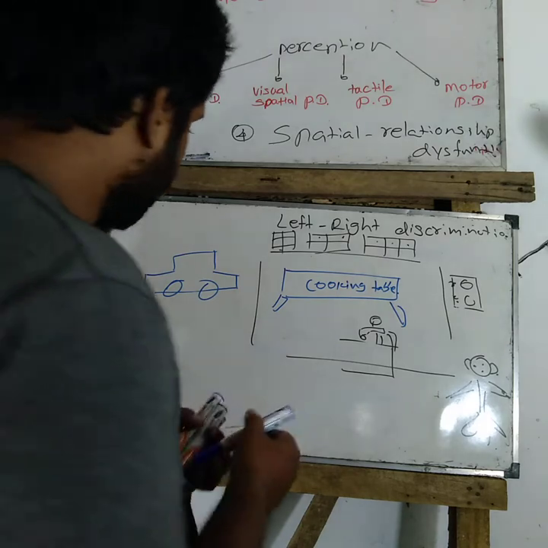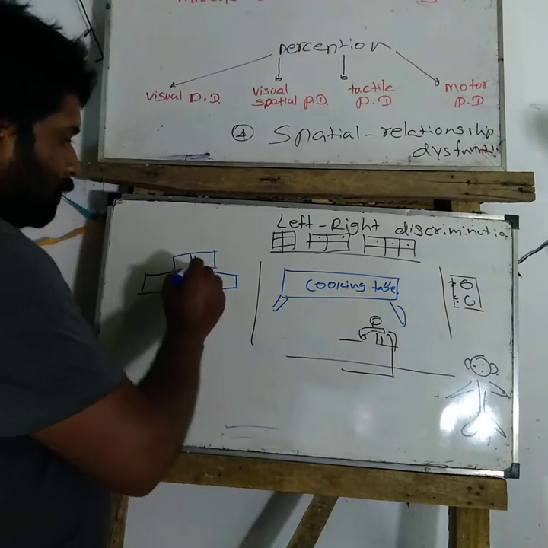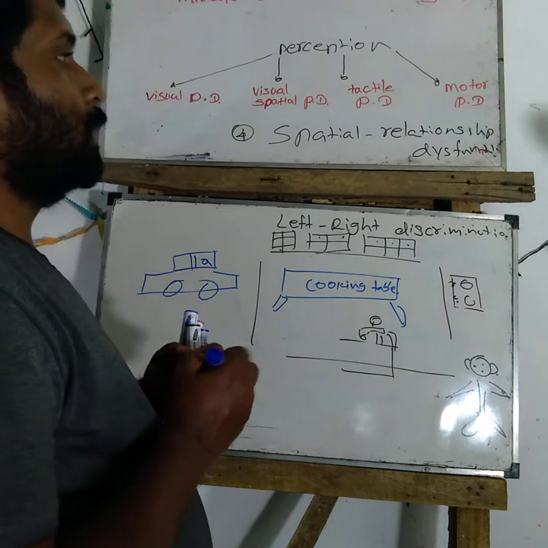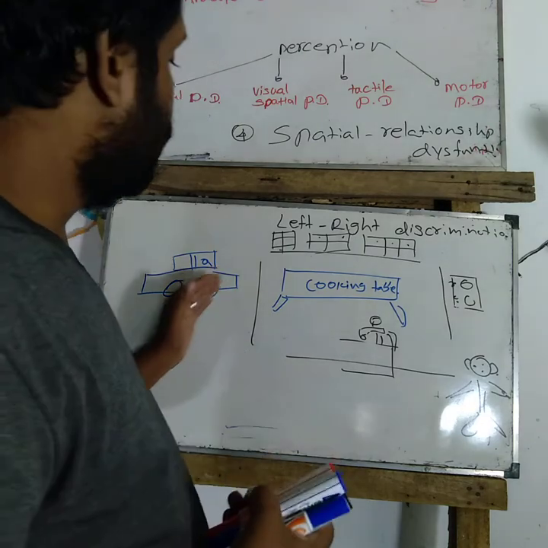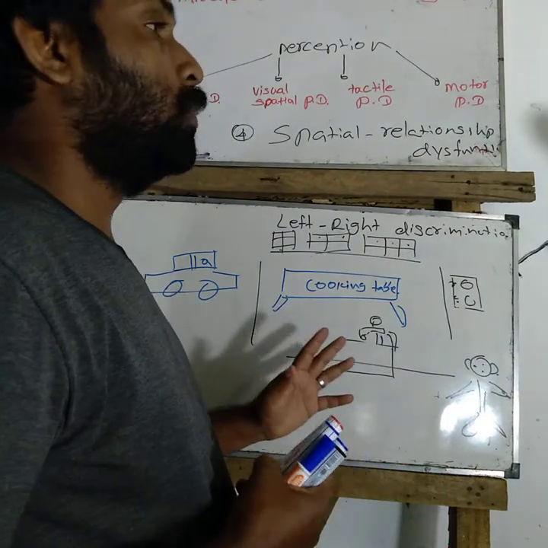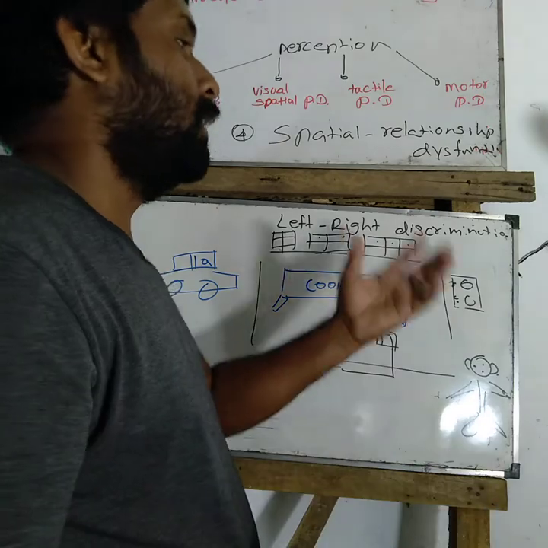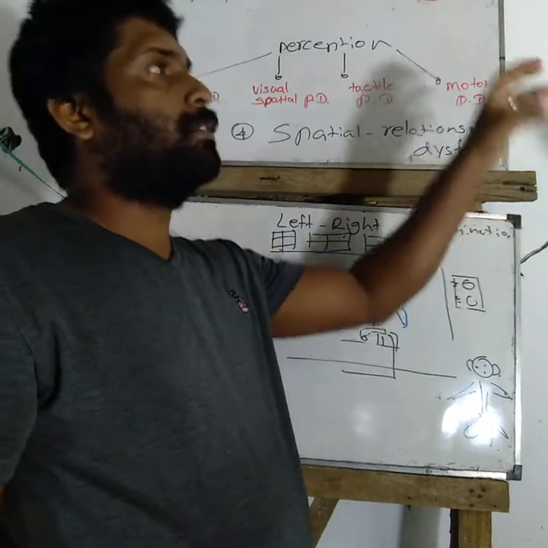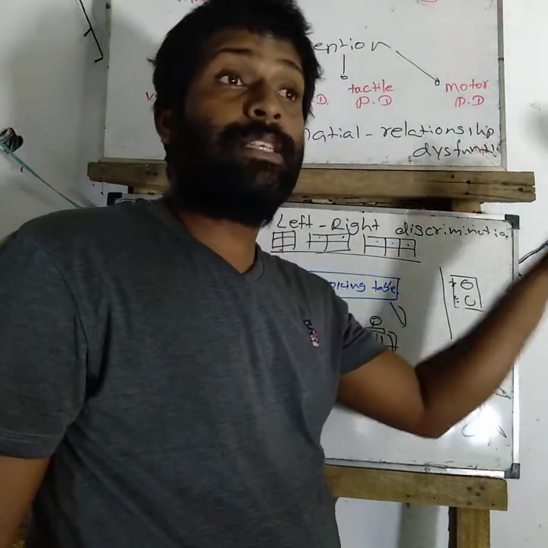This is driving. Driving is also most important for spatial relationship. A patient with spatial relationship dysfunction can't drive. When driving in the same line, they can't turn to the left side or turn to the right side. What is the left side, what is the right side, that's the problem. When the light signal is red and they have to apply the brake, that is the problem.